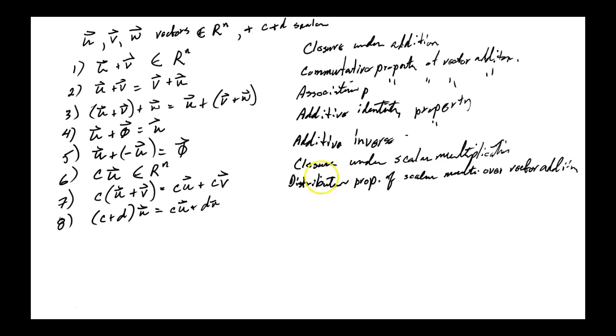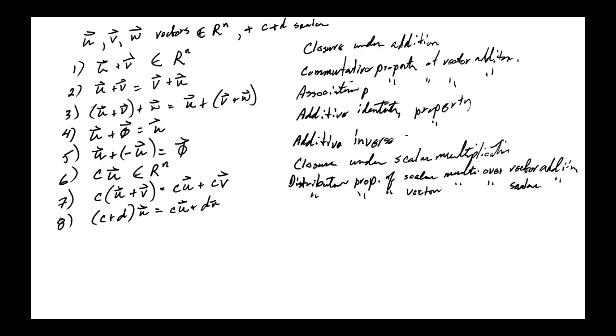What I call this is distributive property of vector multiplication, that's not quite right, over scalar addition.